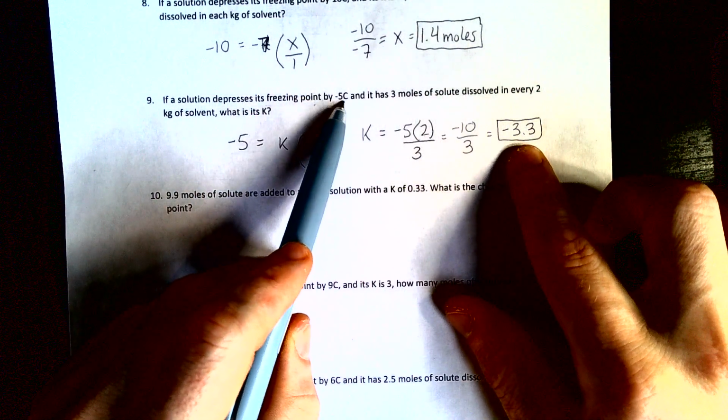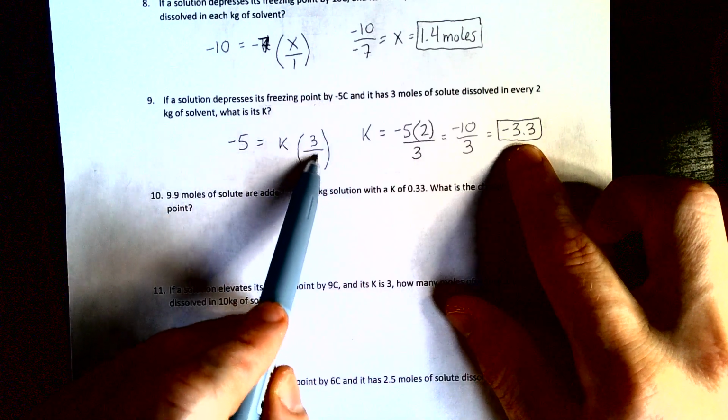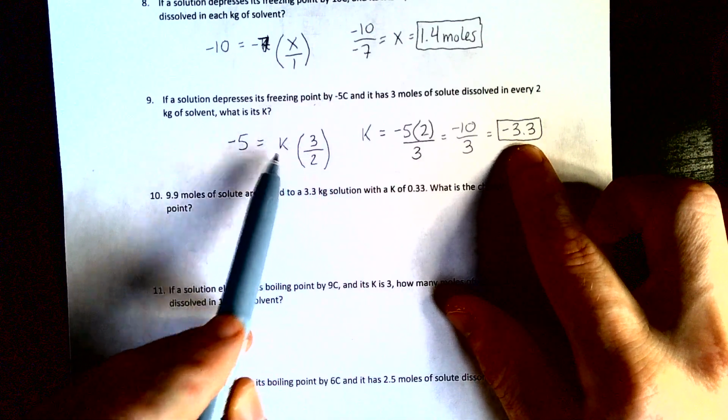And the change in temperature was negative, and that negative has to come from somewhere. It comes from K.